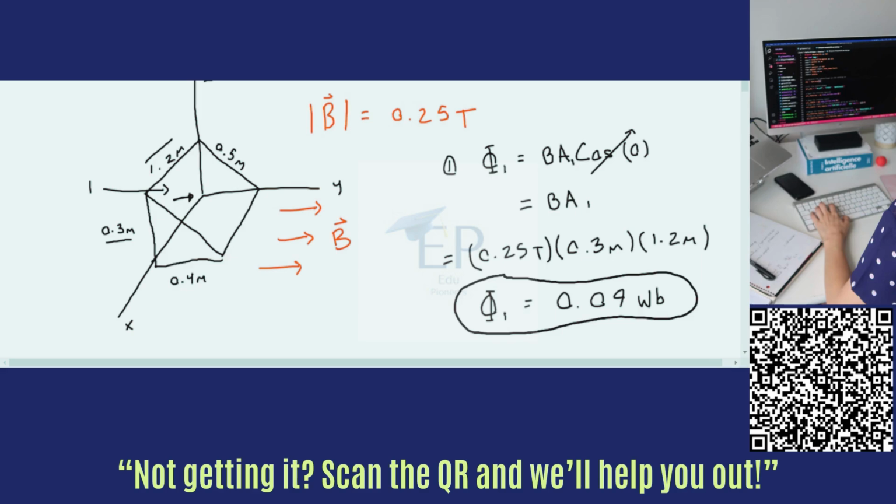Now let's look at surfaces 2 and 3, which I'm going to say are these side surfaces here. So 2 is here, and then 3 will be the surface over here on the ZY plane. And again, just imagine that our surface normals are pointing in towards the center of our shape here.